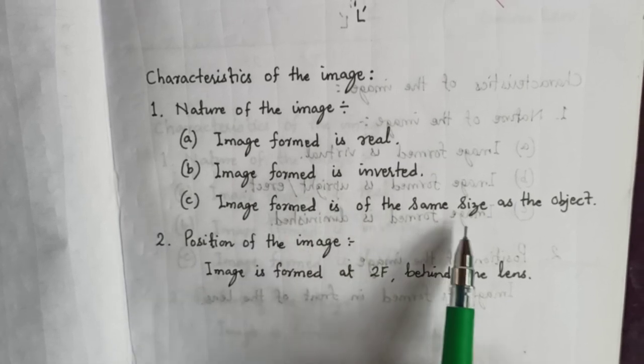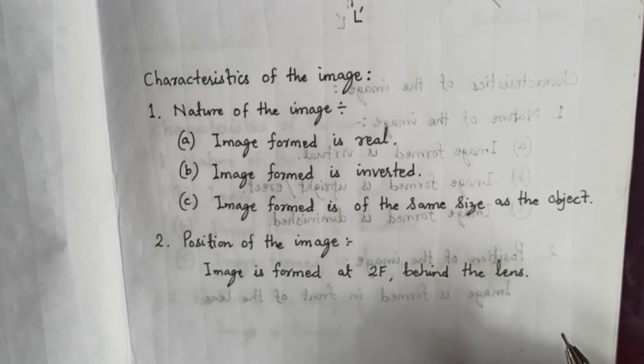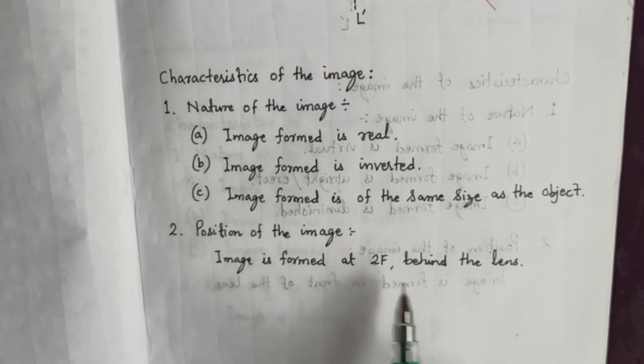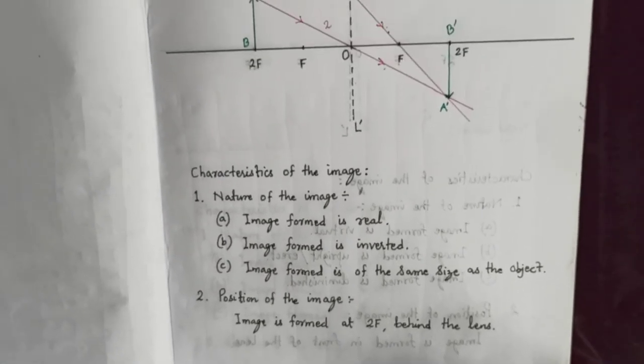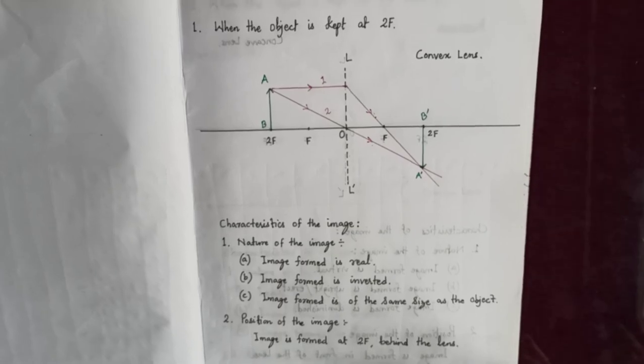And the image formed is of the same size as the object. The size of the image and the size of the object that we measured were equal to each other. The position of the image is formed at 2f but behind the lens. So these are the characteristics of the image formed by a convex lens when the object is placed at 2f.